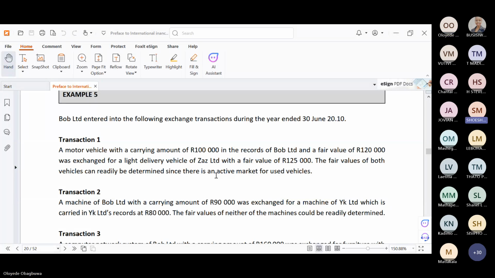And then what about that 5,000, will it be a gain, or what happens? No, that is not your concern, because it is SARS that valued this one at 125,000.